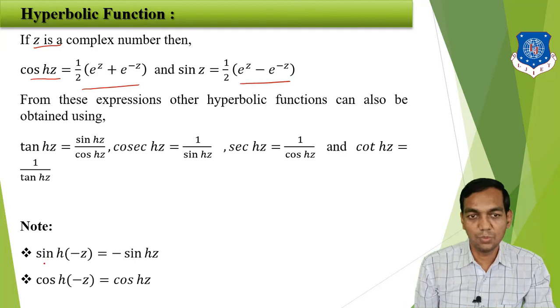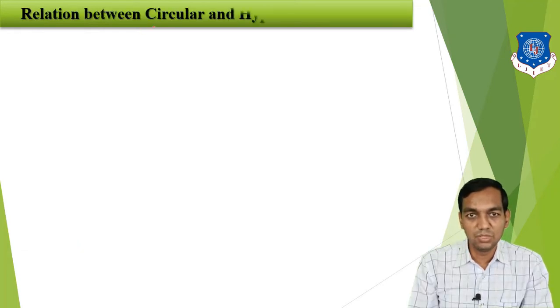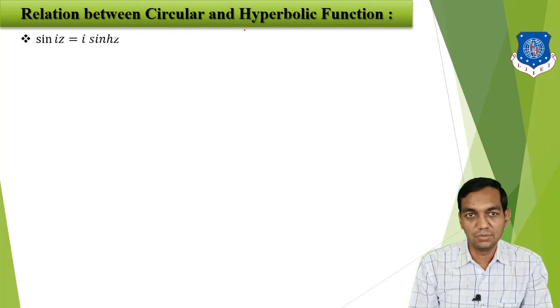Note that sine hyperbolic of minus z is equal to minus sine hyperbolic z, and cos hyperbolic of minus z is cos hyperbolic of z. Okay, that means sine hyperbolic is odd function and cos hyperbolic is even function, same as we have in the circular function.